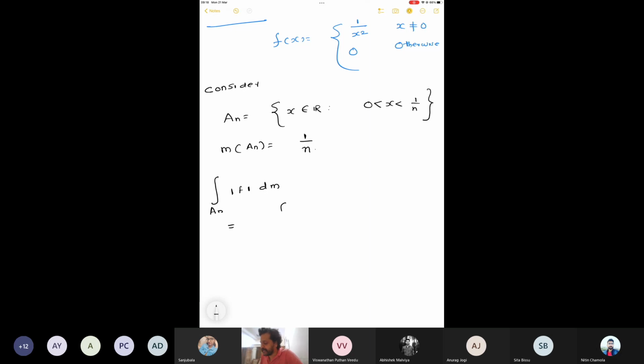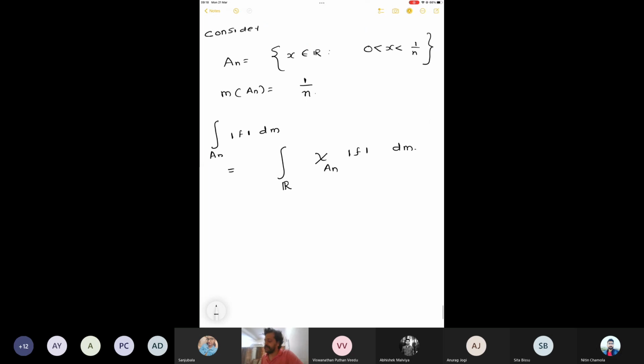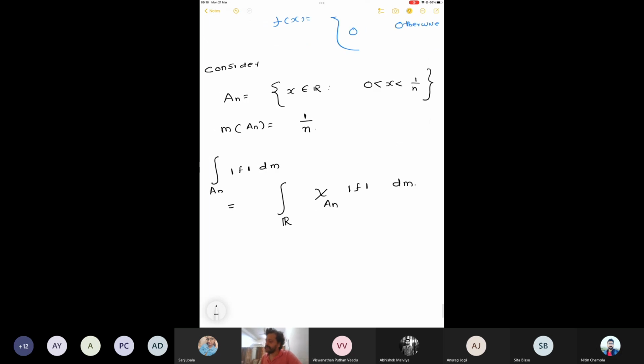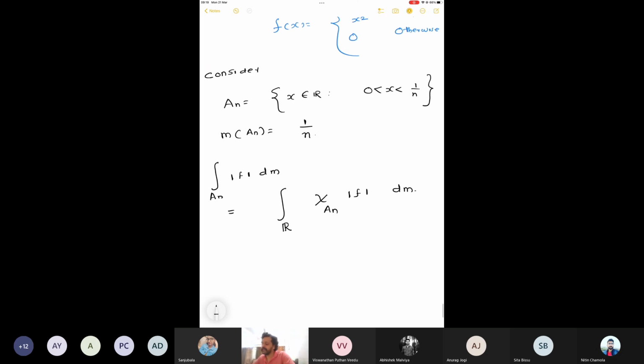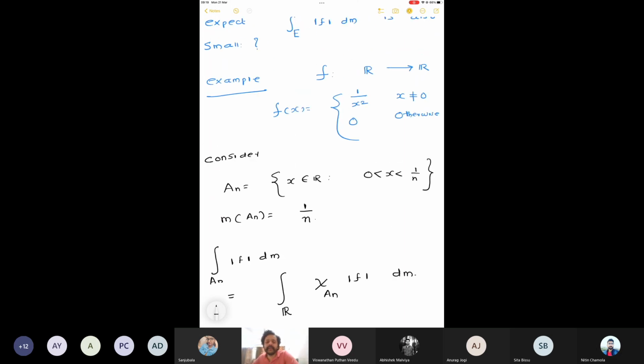By definition, integral over A_n is integral over R of chi A_n times mod f dm. Now, on A_n, x is less than 1 by n, and therefore 1 by x square is greater than n square.